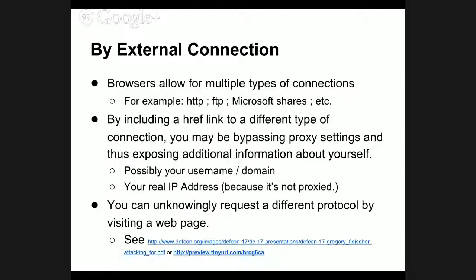And there's a great presentation, if you go to defcon.org, in DEFCON 17 there was a presentation called Attacking Tor at the Application Layer. This is a very interesting way of doing that. Again, this is something that you can use Perl to record this information.